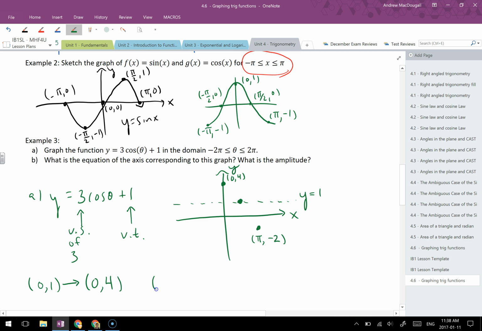We can take the point pi, negative 1, and that's going to go to pi, negative 2 if we multiply it by 3 and add 1. Okay, and then it's going to repeat in this pattern.